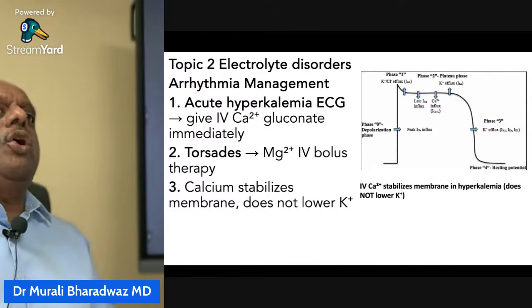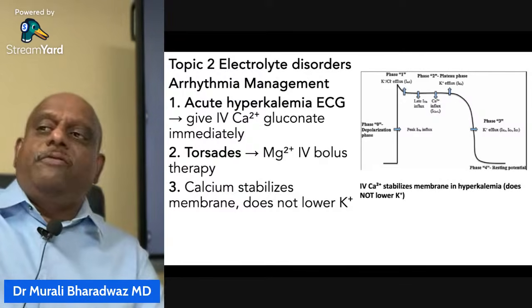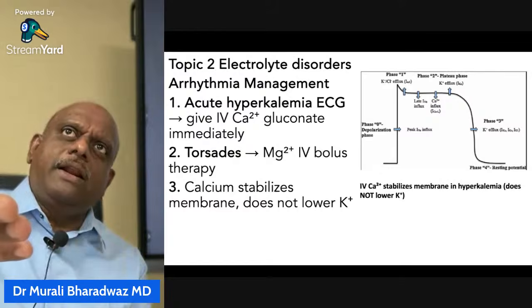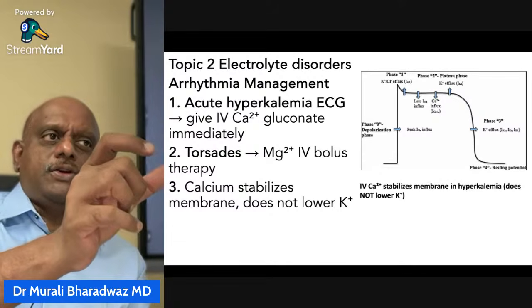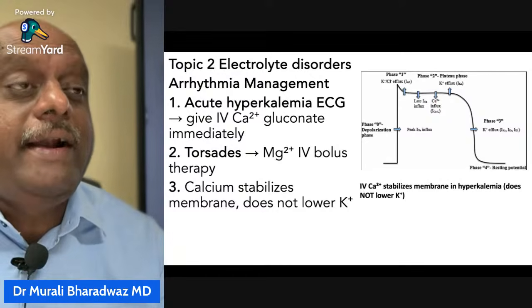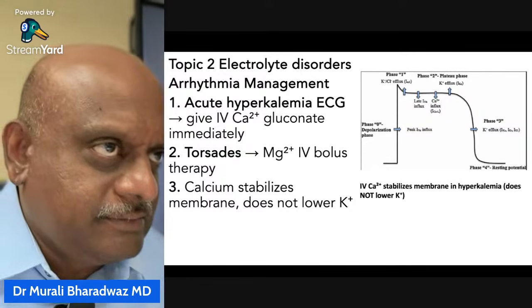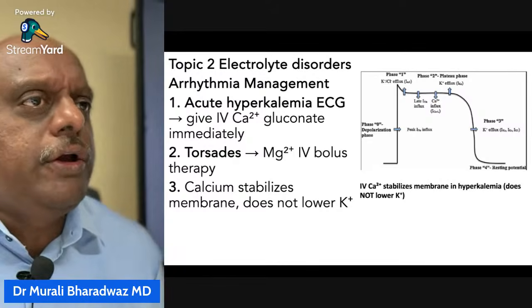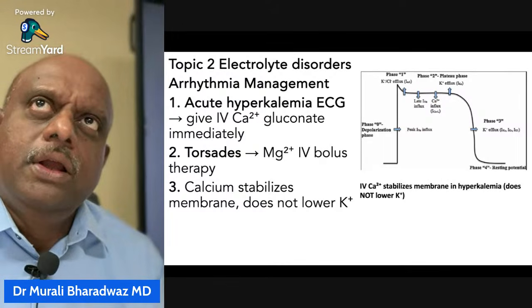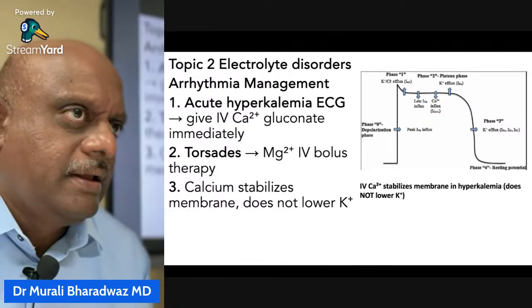And what is meant by Torsades de pointes? It is called polymorphic ventricular tachycardia. You know VT, ventricular tachycardia? It's a broad QRS complex tachycardia. So whenever there is a long QT interval, you will get polymorphic VT. When do you call long QT interval? Normal corrected QT interval is 420 milliseconds.